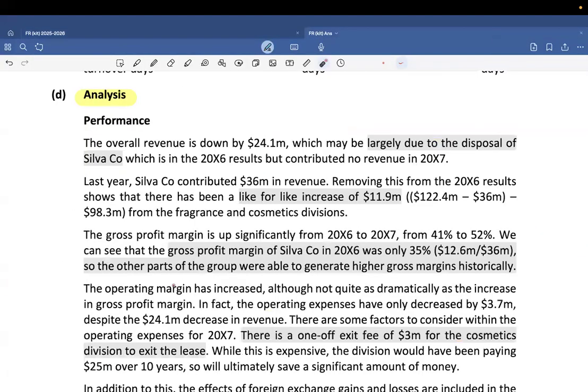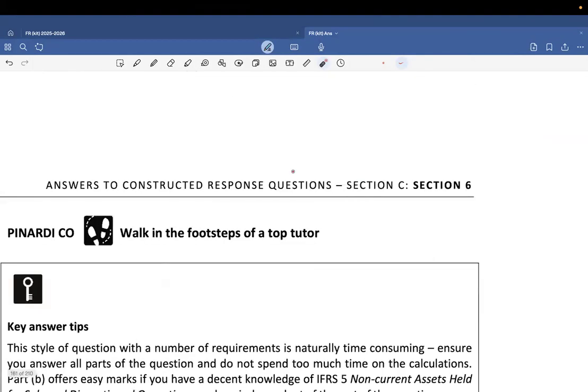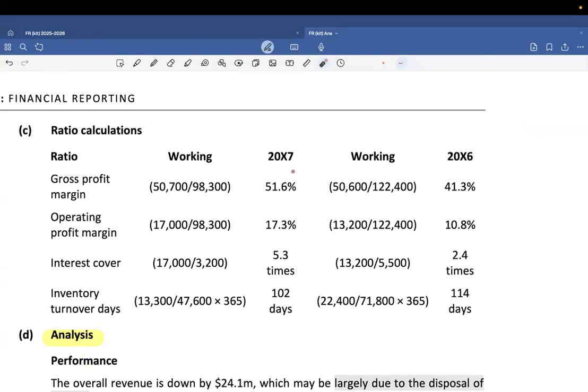Now, the gross profit margin. In 2006, I'm just stating the amounts given here. You got the same ratios, right? Yes, the same answer. For the first one, I got 0.52.